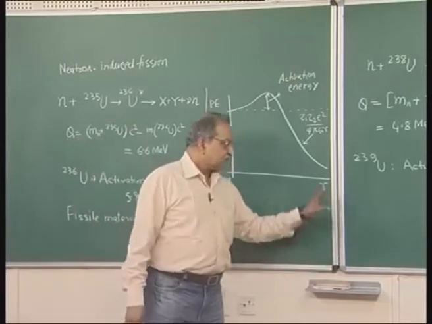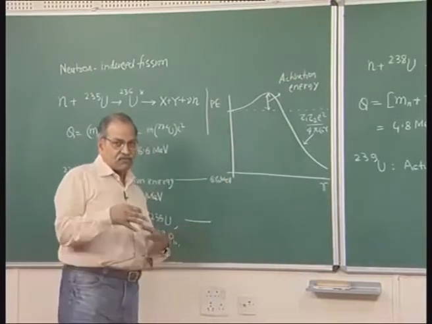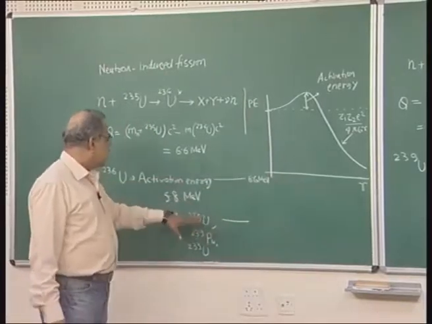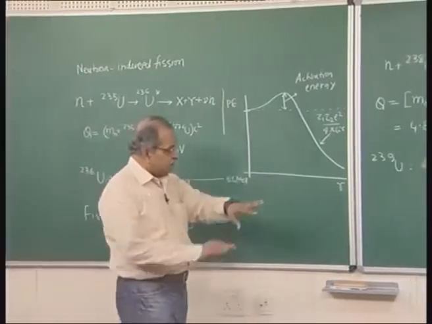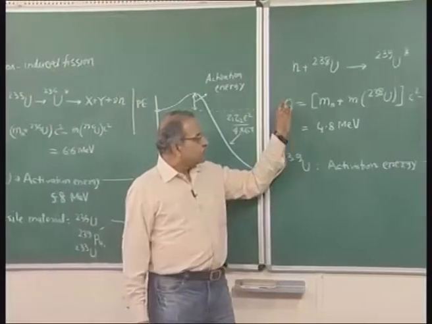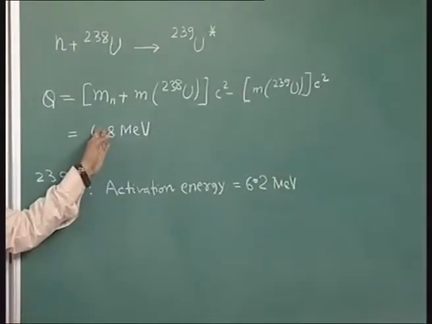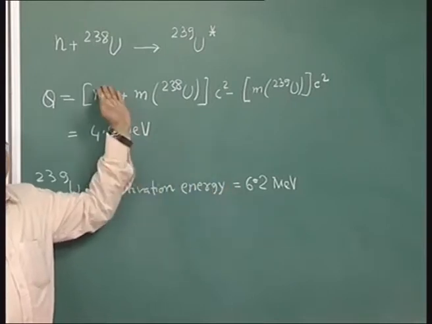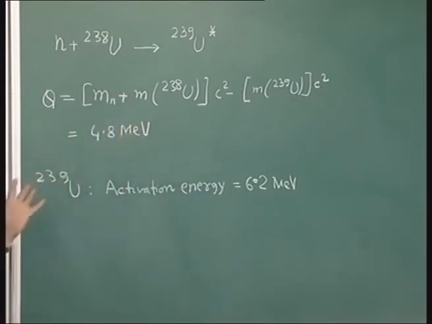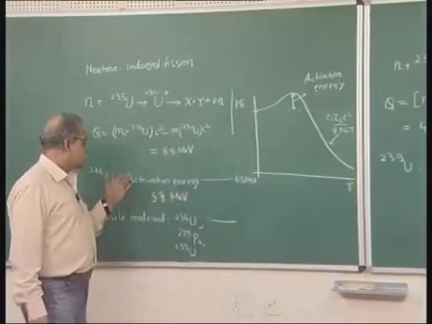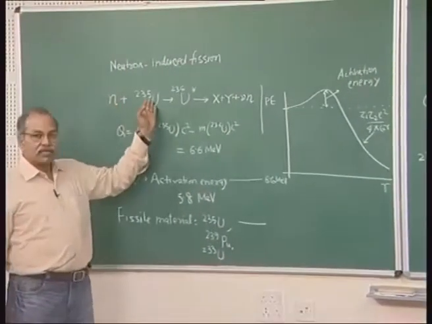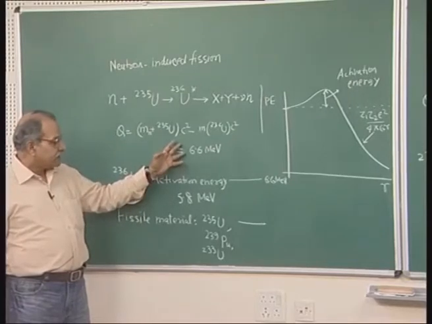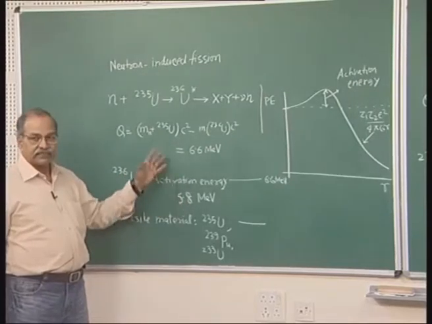These numbers are not very fixed as such, it depends on what model we take, but nevertheless the final result is the same, that the excitation energy is much smaller than the activation energy in case of uranium 239, whereas in case of uranium 236 created by this neutron absorption, the excitation energy is higher than the activation energy.